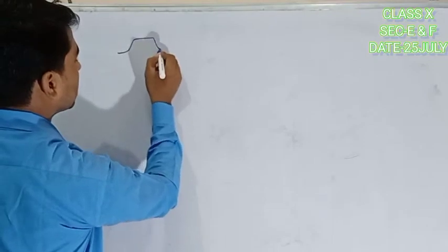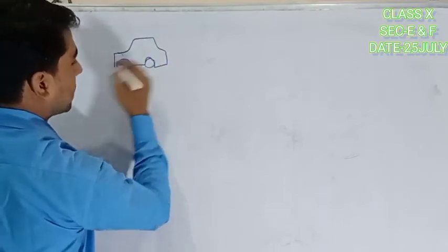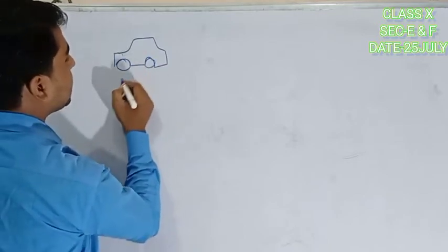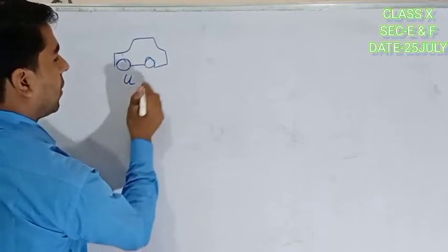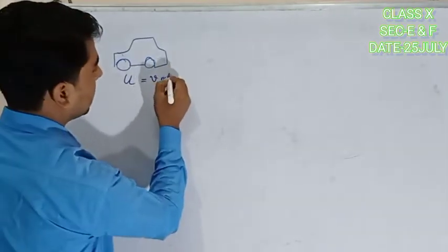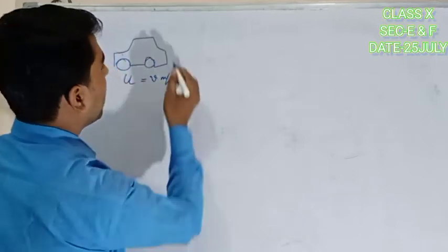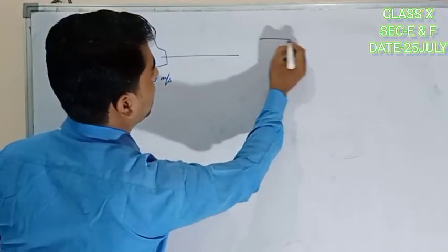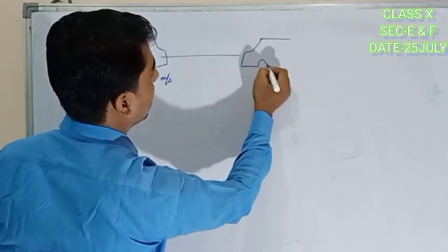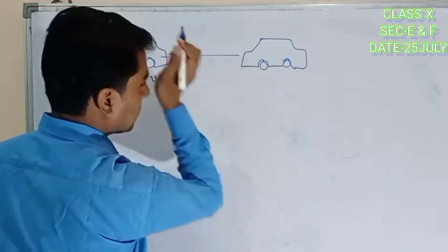Suppose this is that car. It has initial velocity v meter per second, and as the person tries to stop it, the car stops, but after covering some distance.